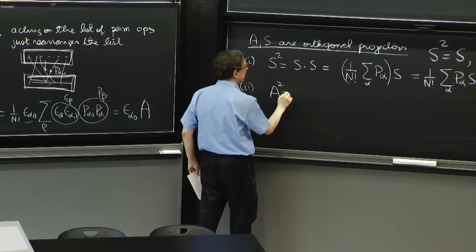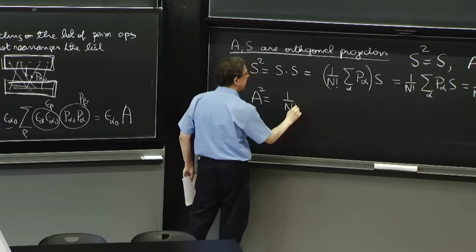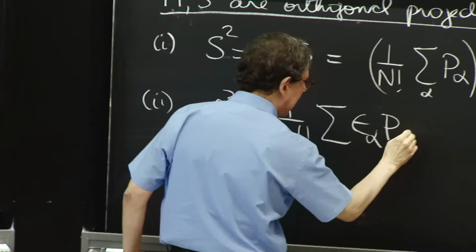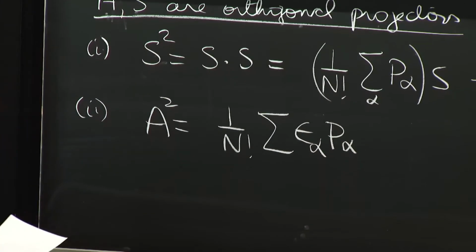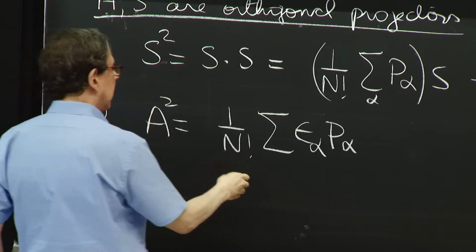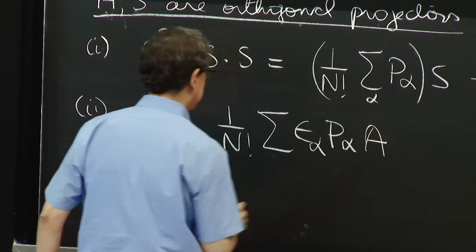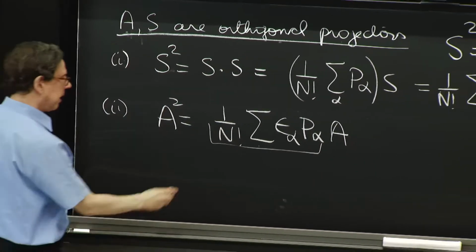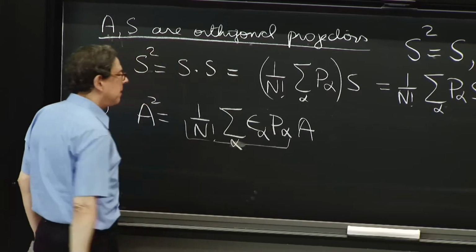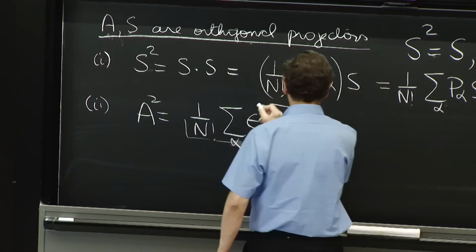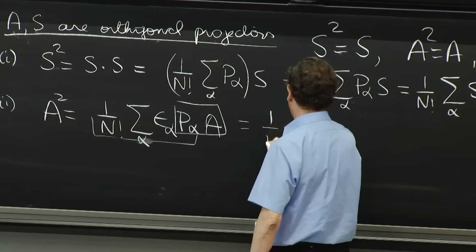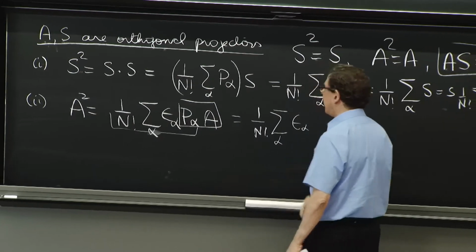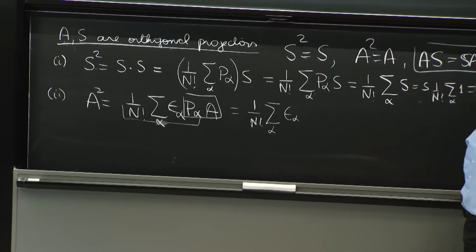A squared is going to be 1 over n factorial, sum of epsilon alpha P alpha, acting on an antisymmetric A. So this is the first A, and there's the second A. I should put the sum over alpha. But we've already calculated P alpha on A. This is the sum over alpha of epsilon alpha, and P alpha on A was calculated on that board.